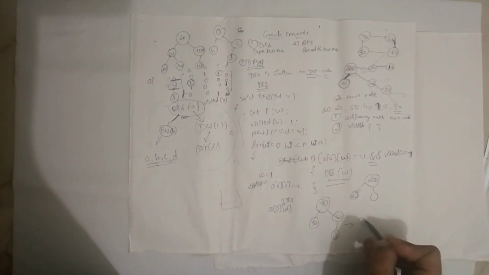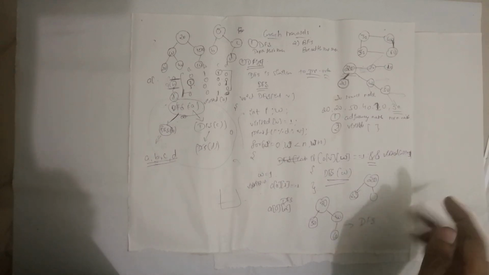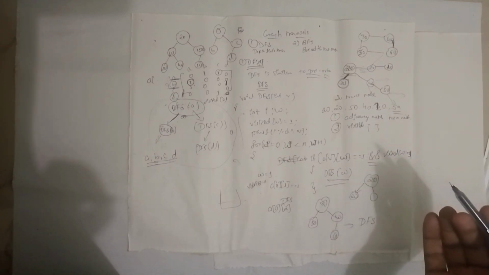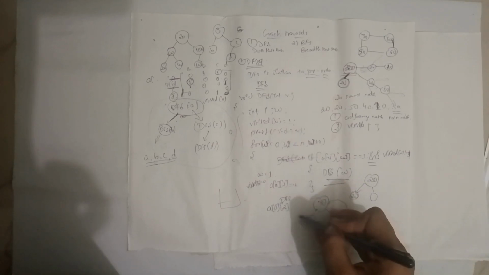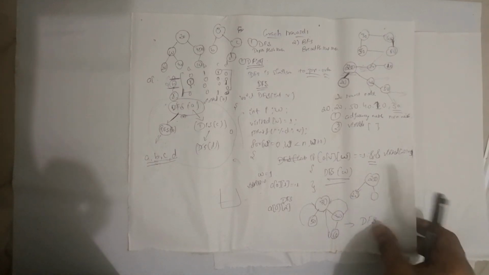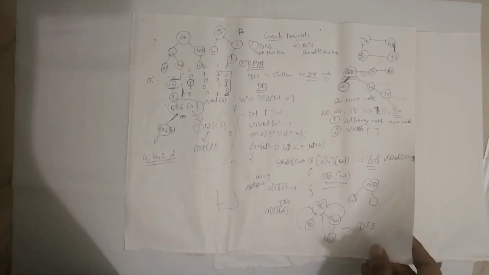This is a tree representation of a graph. In the tree representation of a graph there might also be back edges, because 40 has a back edge and 50 has a back edge. We avoid all these back edges. In upcoming videos, we will see how DFS works with the back edges.